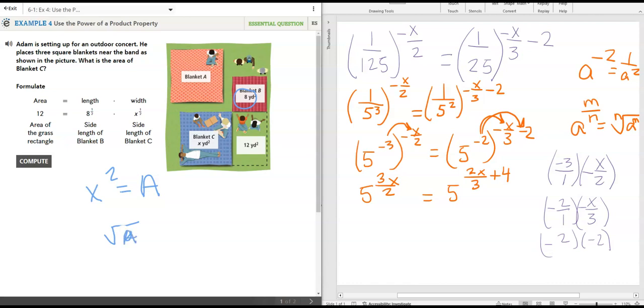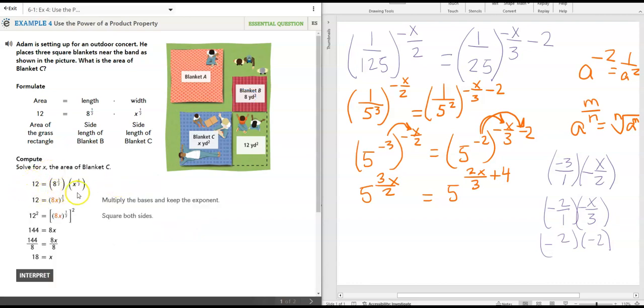Anyways, because we know how to write that as a rational number, a fraction exponent, we're basically taking the area of the blanket and raising it to the power of 1/2 in order to find the length of blanket C.